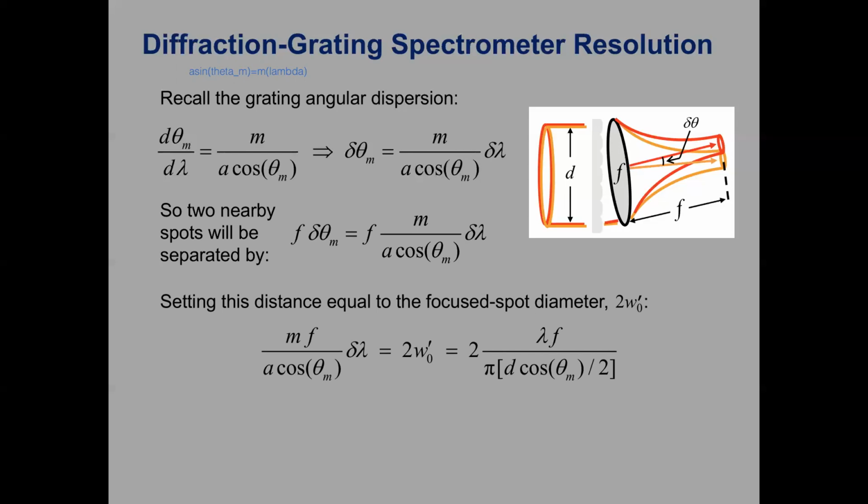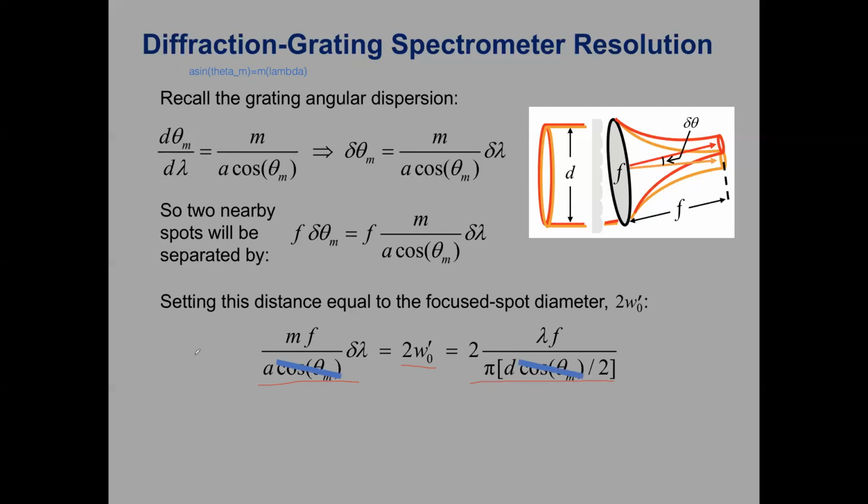So if we want the minimum separation possible, we need this term to be equal to 2 times the beam width after focus. So we could plug in the formula we have for that and work through simplifying things a lot, getting things to cancel, combining cosine theta terms, and so on and so forth.